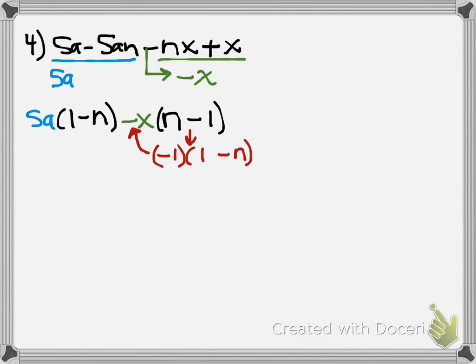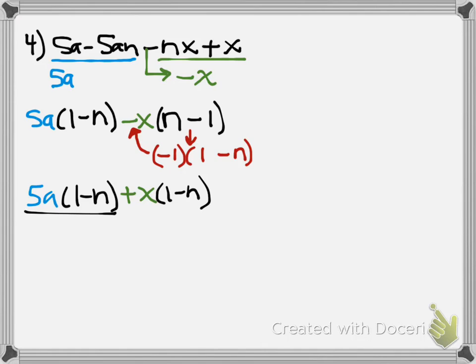So here's what your problem looks like right now. 5a times the quantity 1 minus n, and then it's going to be plus x times the quantity 1 minus n. Now they both have 1 minus n in common, so we're going to factor that out.